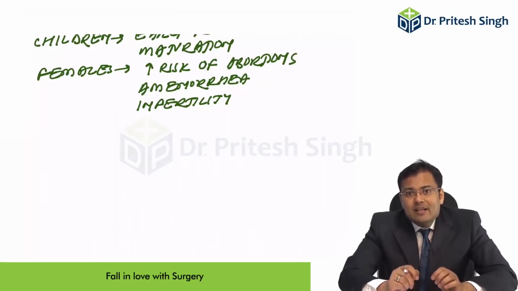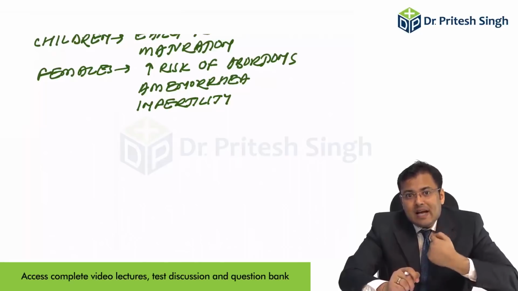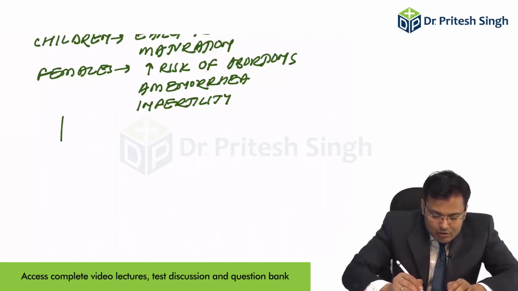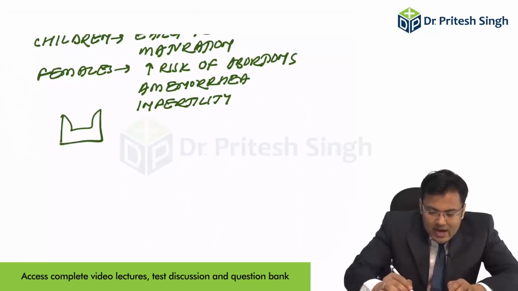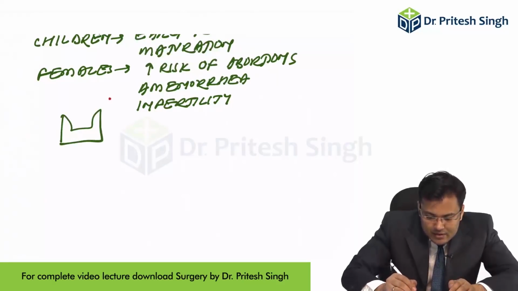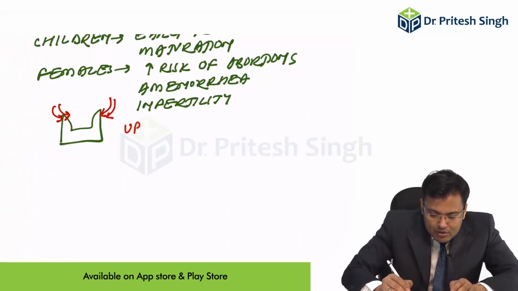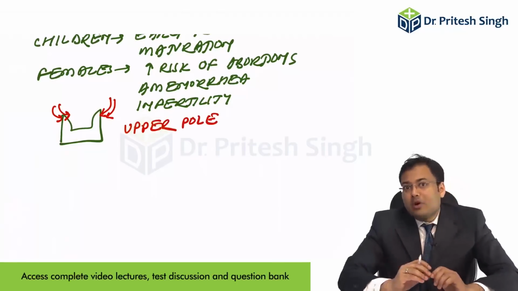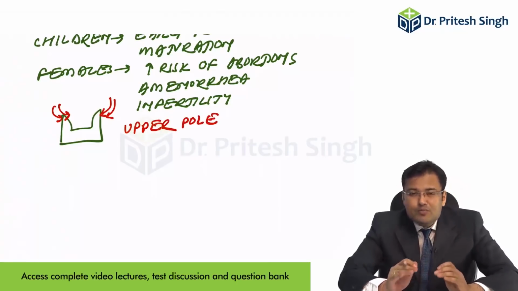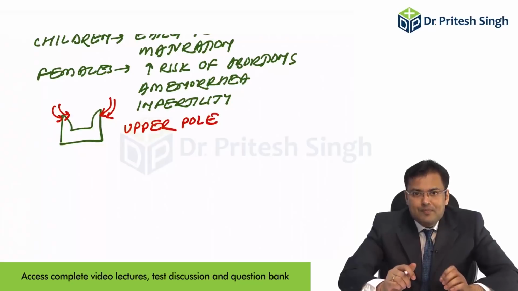That's why in Graves' disease, the gland is hypervascular. And the question is asked, this hypervascularity is most marked over which pole? It is at upper pole or near upper pole.